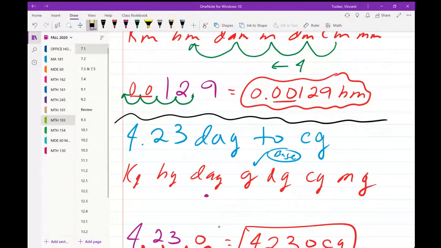All right. Next one, we're looking at 4.23 decagrams to centigrams. So instead of having meters, we have grams.